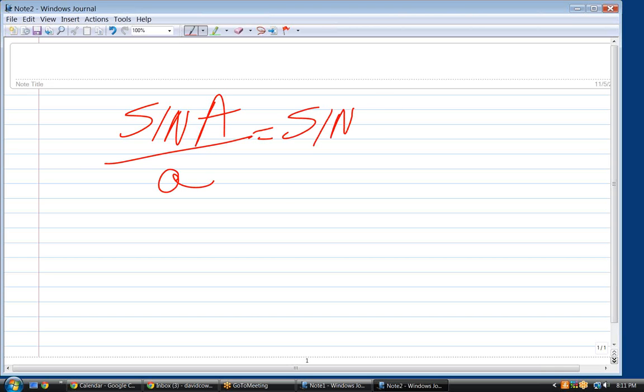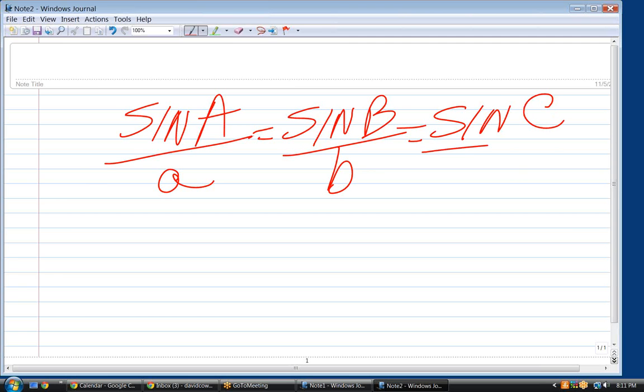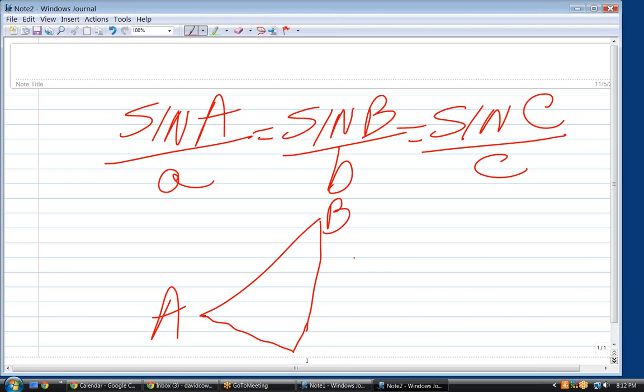What the law of sines says is that in any triangle, this ratio is a constant, regardless of which side and which angle you're looking at. It doesn't have to be a right triangle. You use the law of sines when it's not a right triangle? Yes.